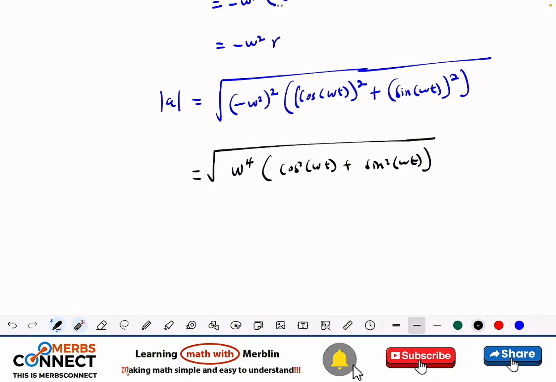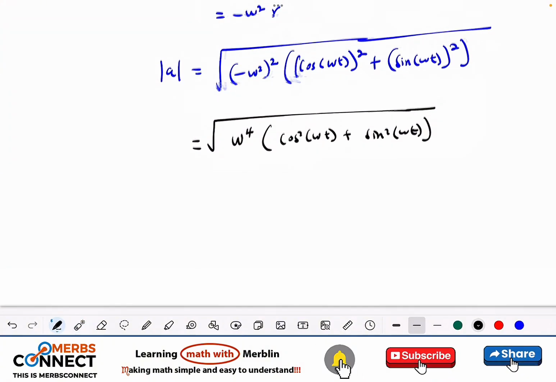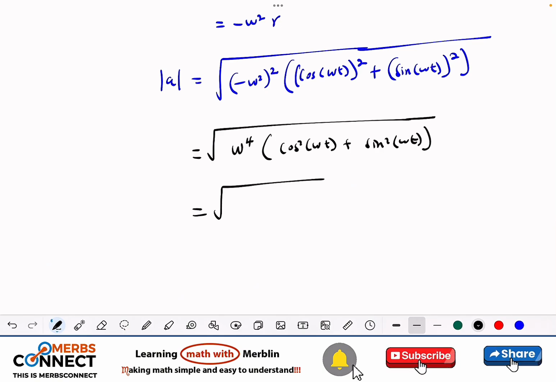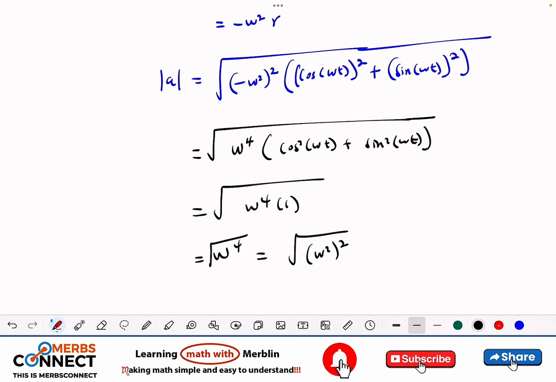But we know that cos squared plus sine squared is equal to 1. So this is going to give us omega to the power 4 times 1. And this is the same as the square root of omega to the power 4. And this can be written as omega squared, squared, right? So this will cancel this, and we are going to have omega squared.